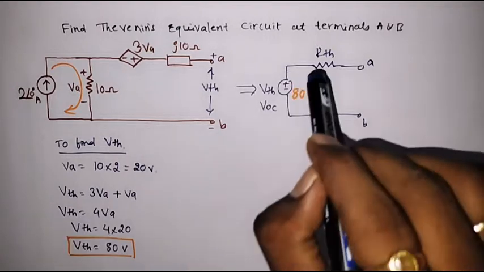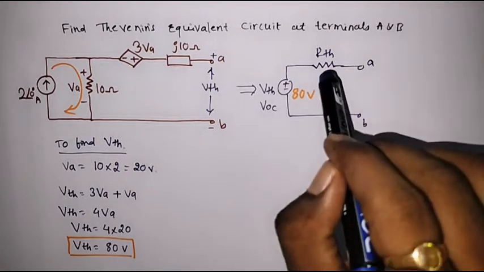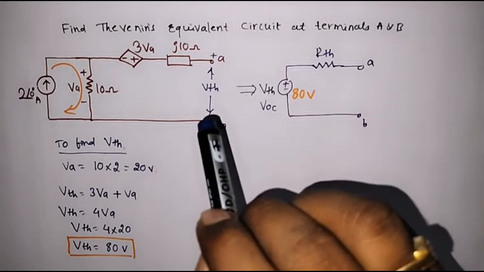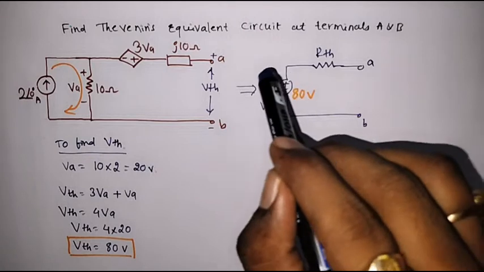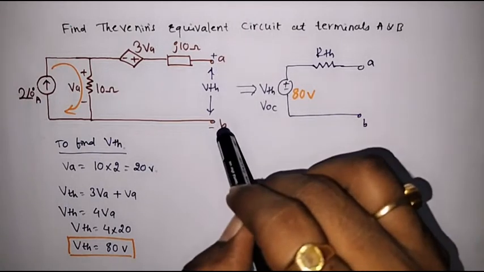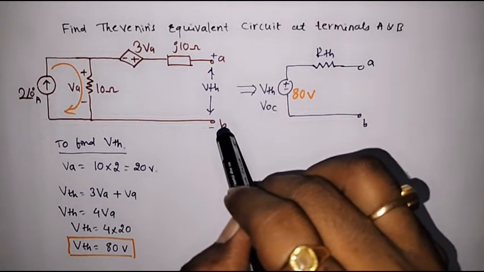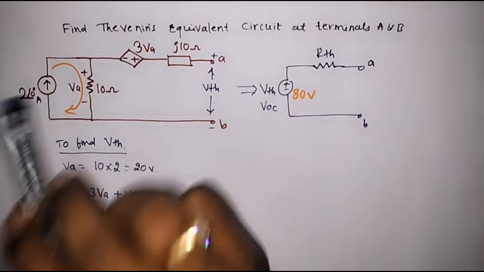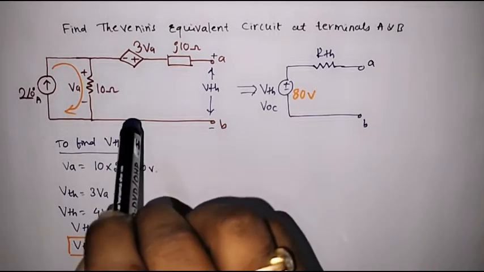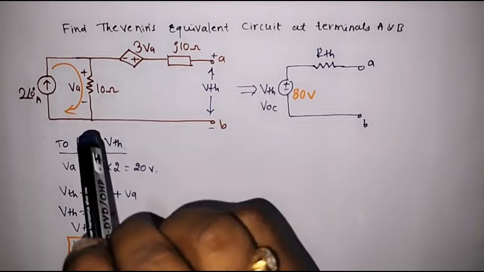Now let's see how to calculate RTH. If the circuit has only independent sources, then RTH is the equivalent resistance between terminals A and B, assuming that all the voltage sources are short circuited and all the current sources are open circuited. But in this circuit we have a dependent source.